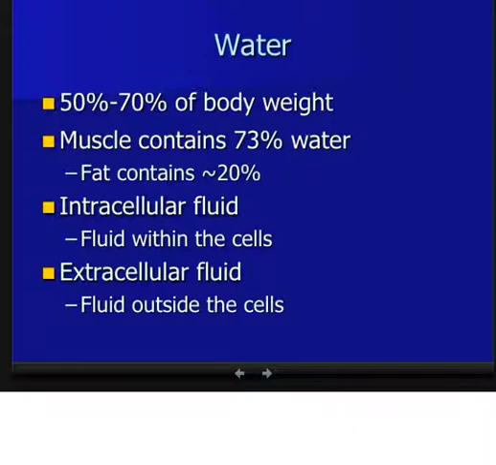One of the things to note is that fat contains far less water than muscle or connective tissue or even epidermal or dermal tissue. The reason for this is that fat is hydrophobic, which means it's water-fearing and it tends to associate with other molecules that are nonpolar. A nonpolar molecule is simply a molecule that doesn't have a separation of charge on it.